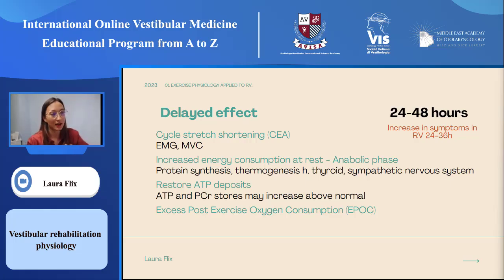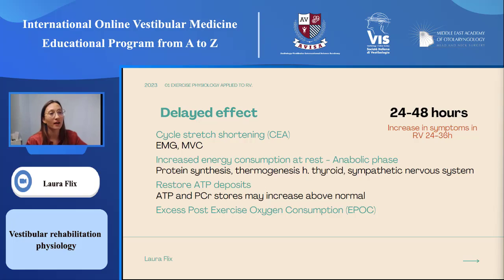And of course, this increased energy consumption at rest, because we will be in an anabolic phase where all the tissues are trying to readapt to this stimulus, with protein synthesis, with the thermogenesis of the thyroid hormone, with sympathetic nervous system activations, etc. So this way we will try to restore the ATP deposits. So these stores and the stores of the phosphocreatine may even increase above normal in this situation. And with all of this, in this process of readaptation, we will have an excess post-exercise oxygen consumption.